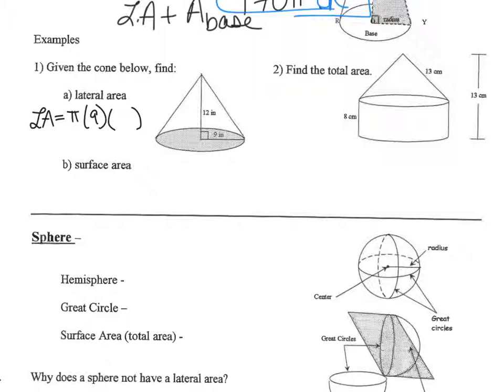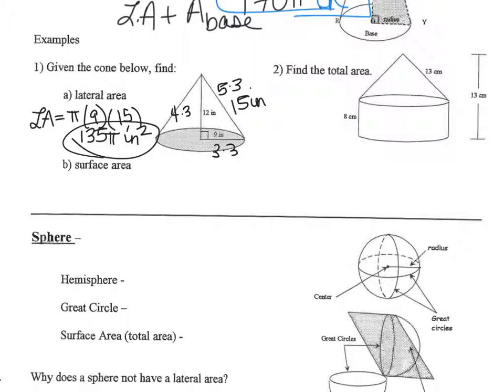So right now we have a 9, 12, and this is a 3, 4, 5. That's 3 times 3, 4 times 3, 5 times 3. So this slant height would be 15 inches. So let's plug that in there. So 15 times 9, we would end up with 135 pi, and then we would have inches squared.